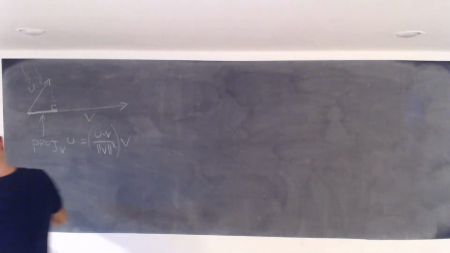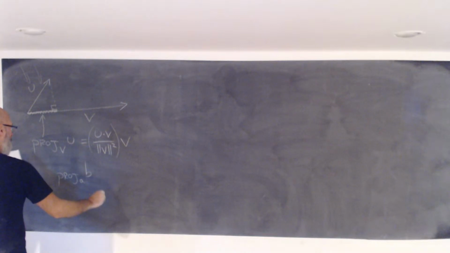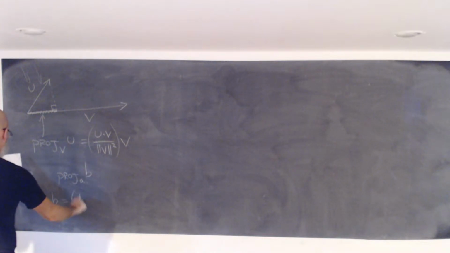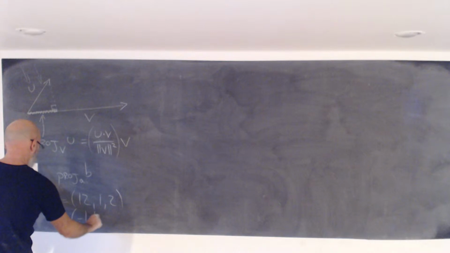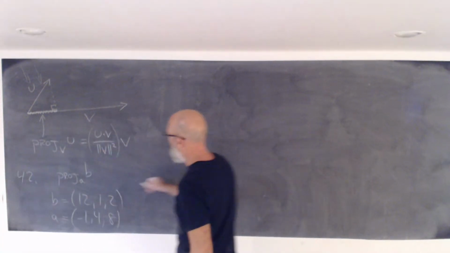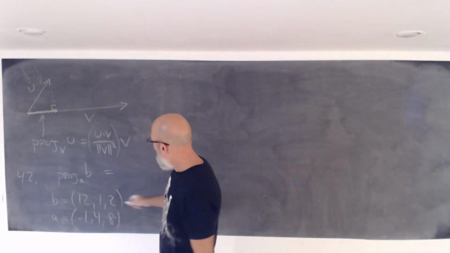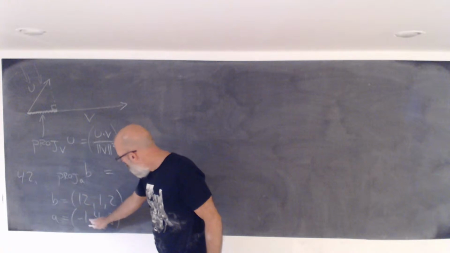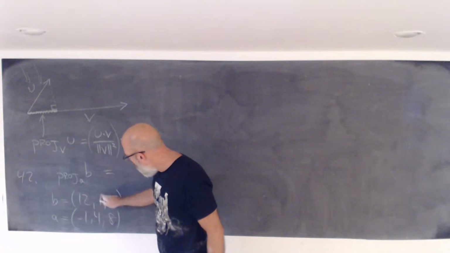We are asked to find the projection of B onto A, where B is this vector and A is that one. So projection of B onto A is going to be a multiple of A. What multiple? Well, the dot product. So minus 12 plus 16 is 4, plus 4 is 8.